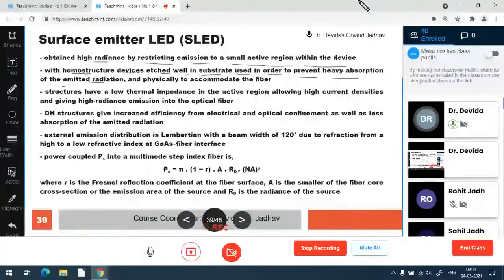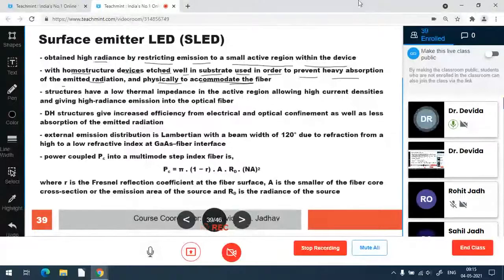Homostructure in the well allows the photons to pass through, which means there is no optical confinement. Transparent material is provided for the optical photons and the emitted radiation, and physically to accommodate the fiber. So the fiber is also accommodated in the etched well.